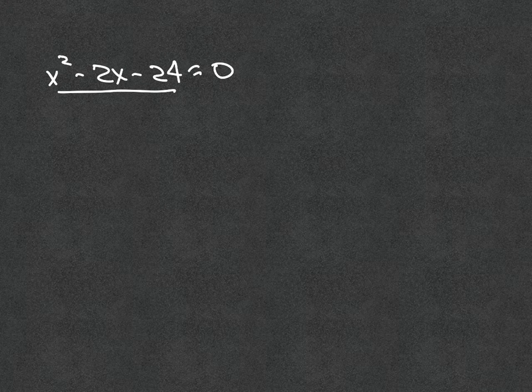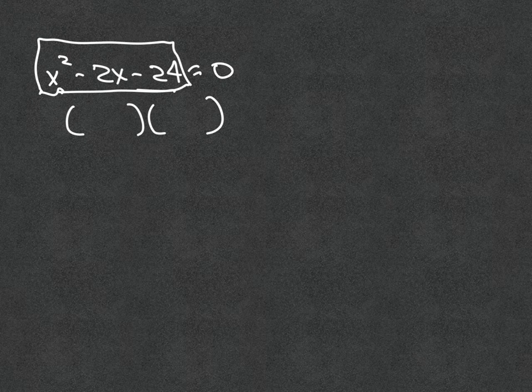We were just looking to make this expression simpler by making two parentheses, putting 1x in each of the parentheses, because when we did the FOIL, we know that our first terms had to multiply and give me x squared. Now we have to find two numbers that multiply together to give me negative 24, and added together give me negative 2.